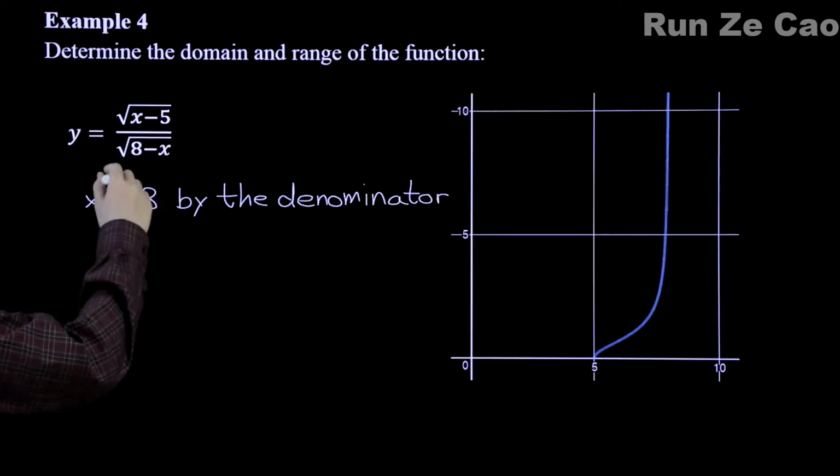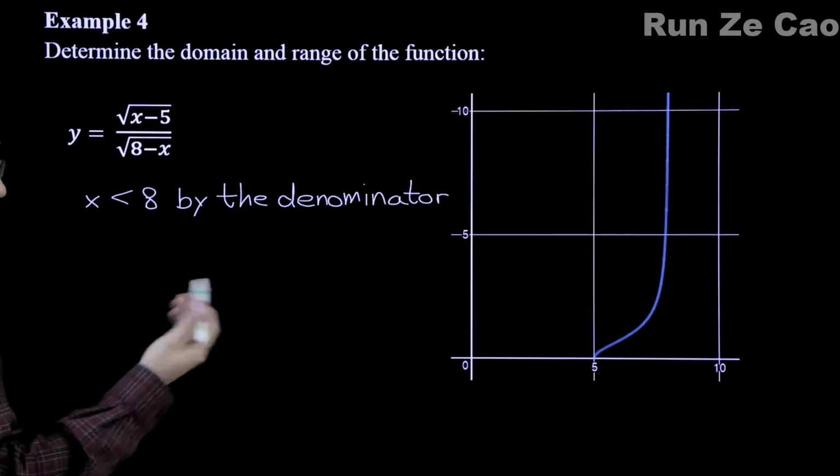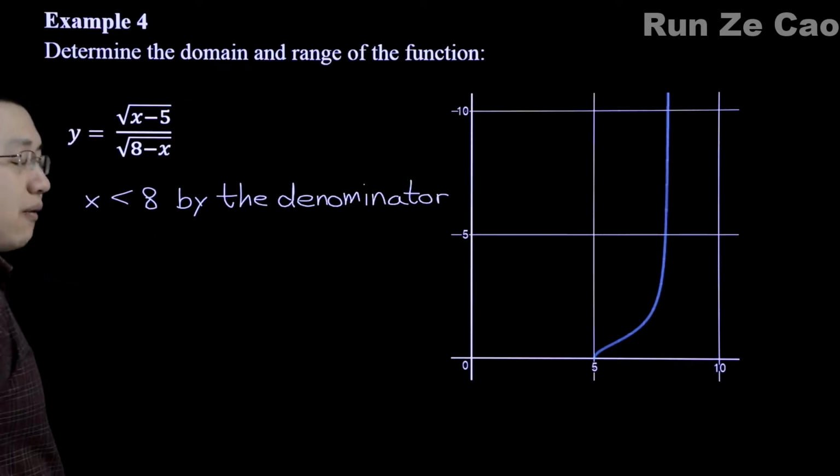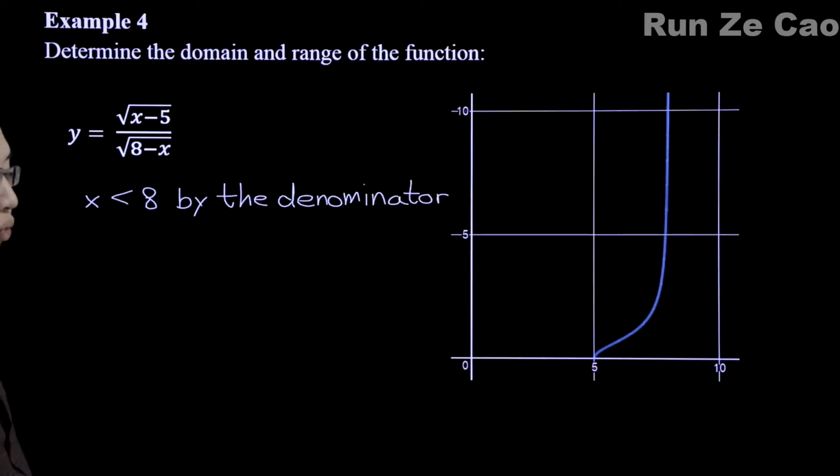That would be square root 0, and then we're dividing by that. That doesn't work. So we can't divide by 0. We also, for now, cannot take the square root of a negative number because that is what is called an imaginary number. It's not a real number. We don't care about it. So it has to be less than 8.